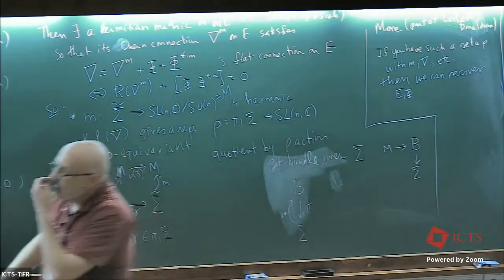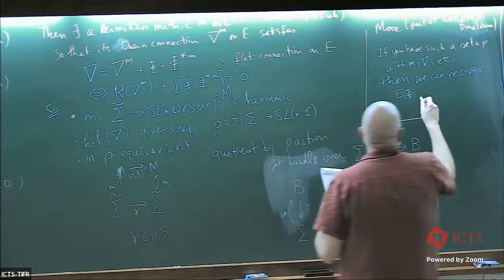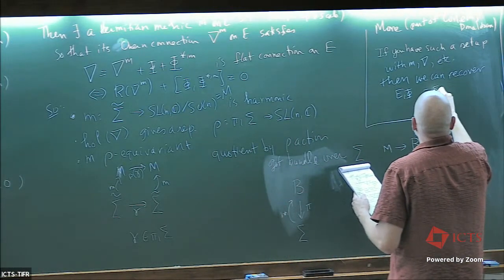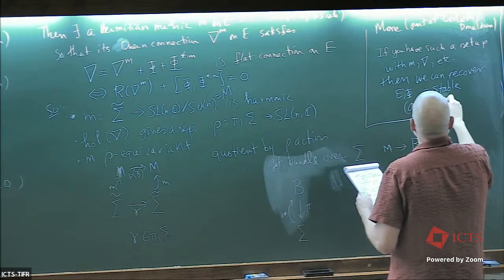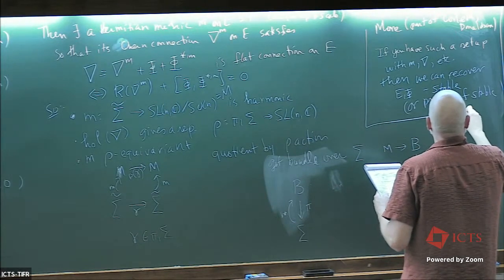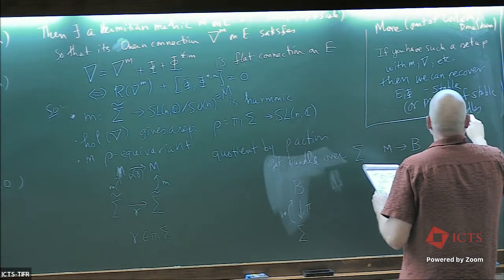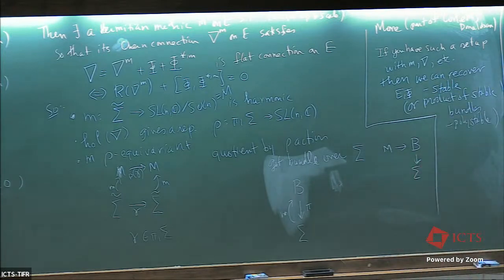Recovering phi from a harmonic map is essentially the discussion that we had last time. And this is either stable or a product of stable bundles, which is polystable. So there are two cases.